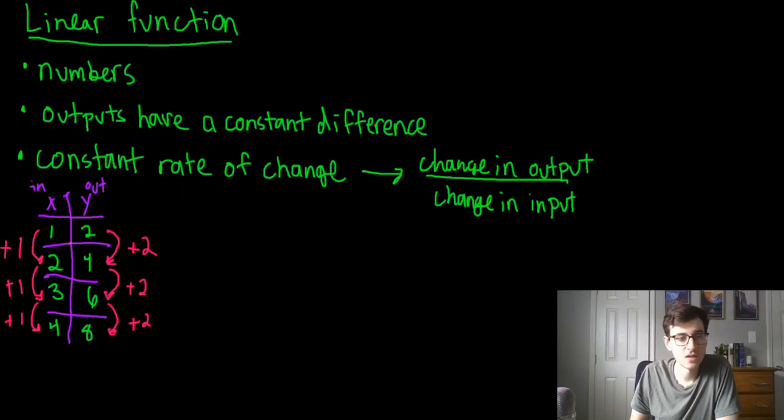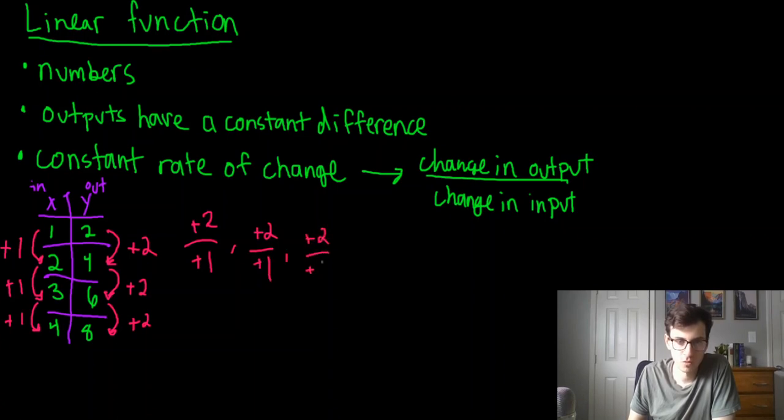Okay, is that constant? Each time I go up 1 in my input, you can see here, I'm going up 2 in my output. And you could do that 3 times. You could say I have plus 2 over plus 1, and then plus 2 over plus 1, and then plus 2 over plus 1, right? The change in my output over the change in my input is the same every time.